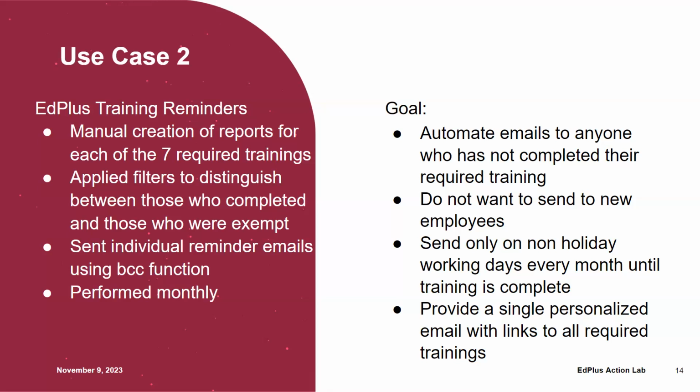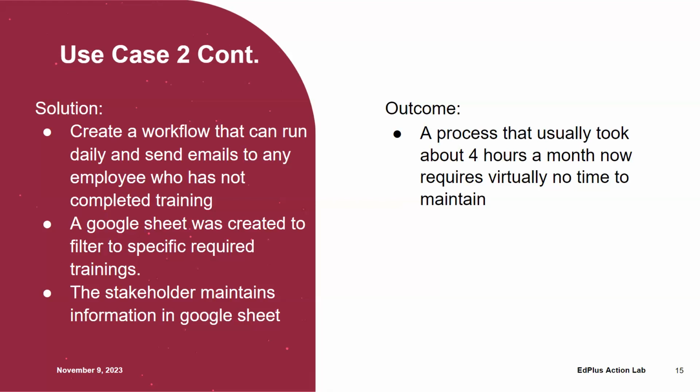That was fun to try and figure out. And then provide a single personalized email with links to all required trainings. So whereas before she may have been sending multiple emails, this year we'll send you one email with all the trainings and links that haven't been completed. If you had more than one, you could put it all there.